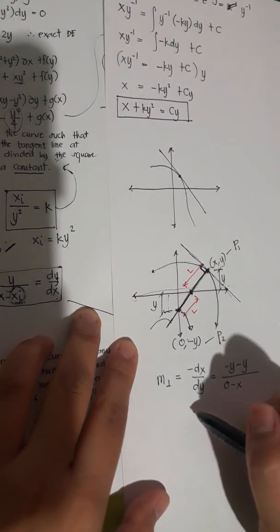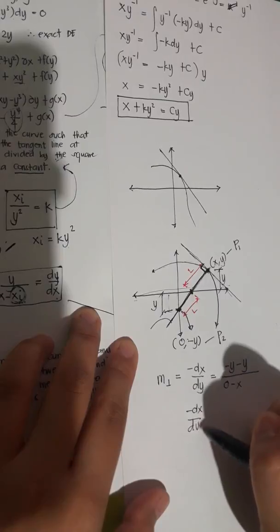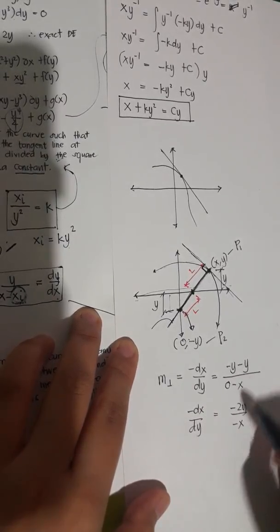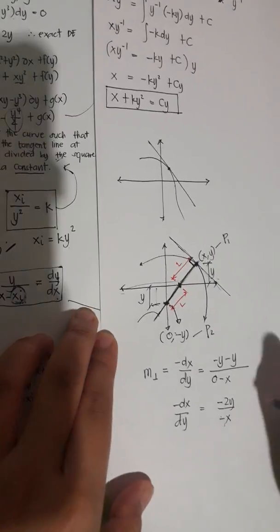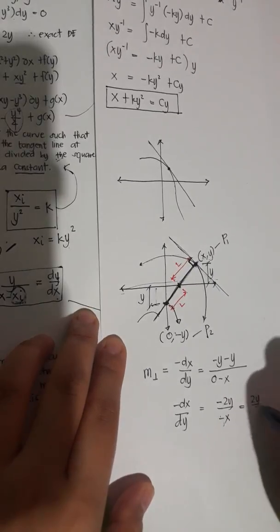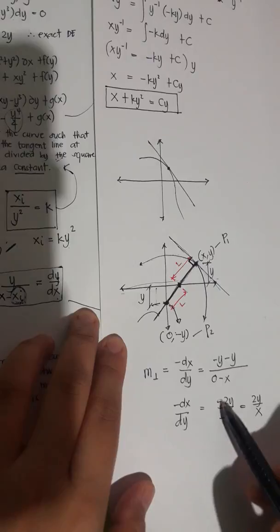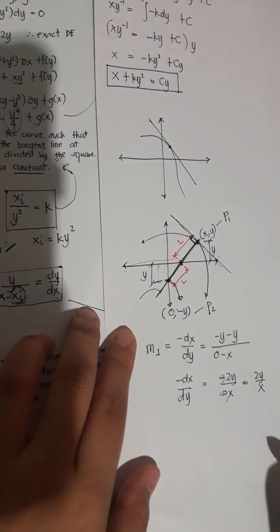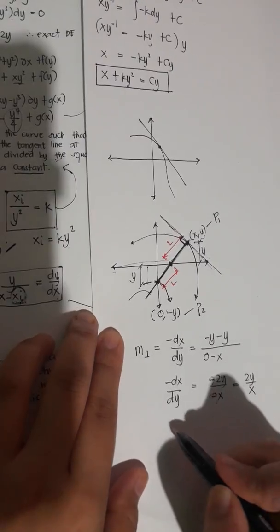So this becomes negative dx over dy equals negative 2y over negative x. Since they are both negative, this is still 2y over x. Negative over negative is positive. So I guess we could do variable separable.